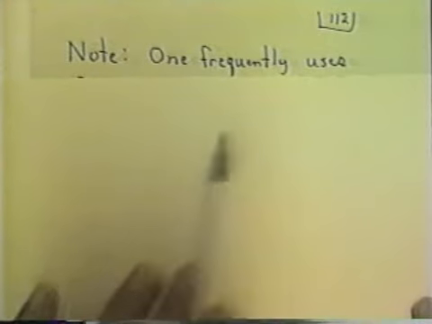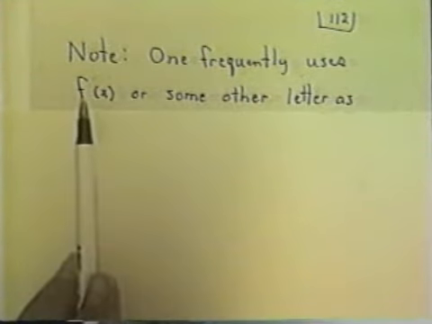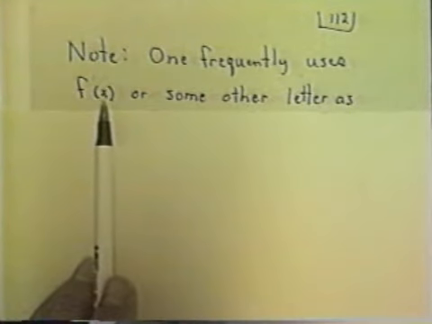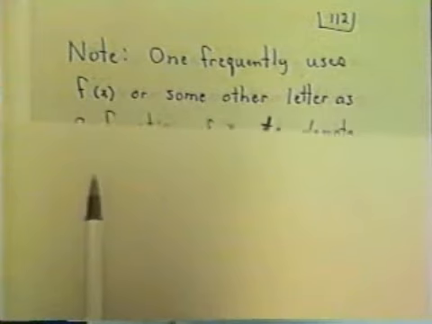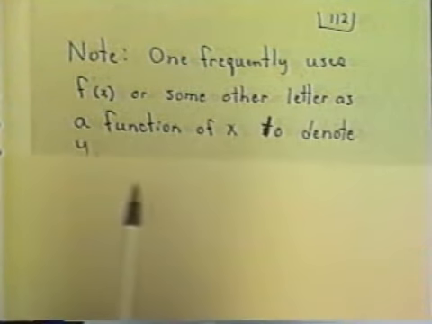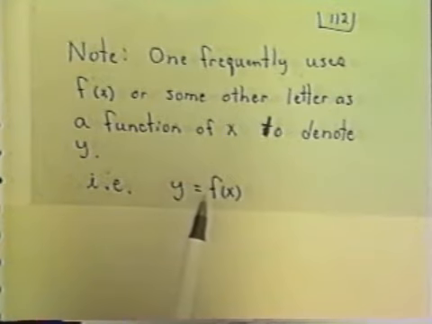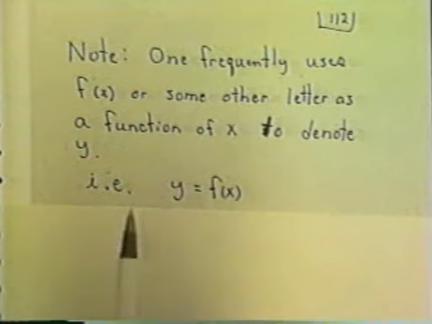Before moving on, I want to give you a special notation. One frequently uses the symbol f parentheses x, read f is a function of x, or some other letter as a function of x, to denote y. In other words, y is equal to f as a function of x.